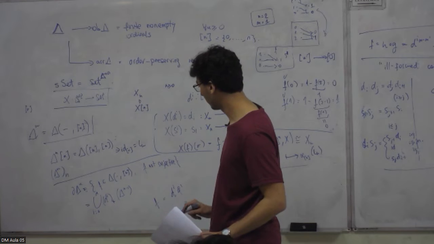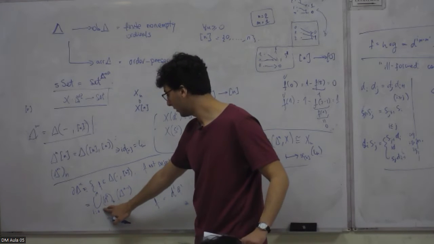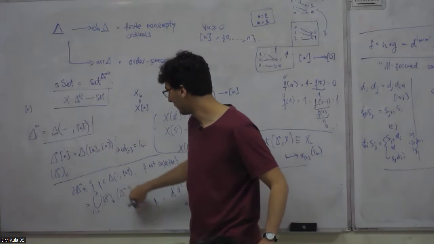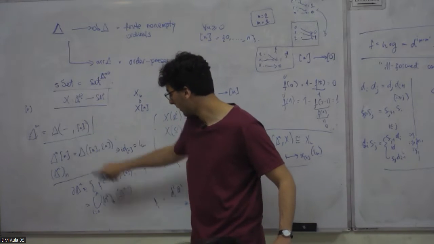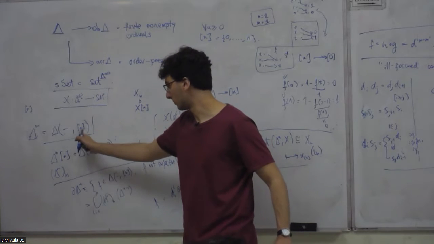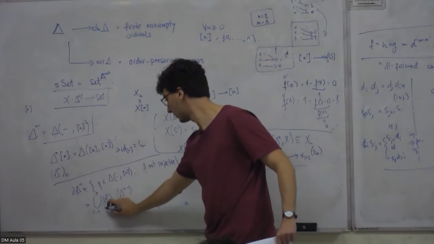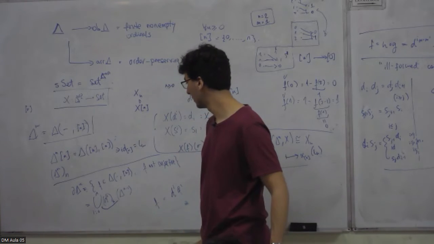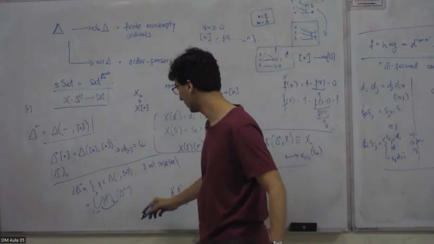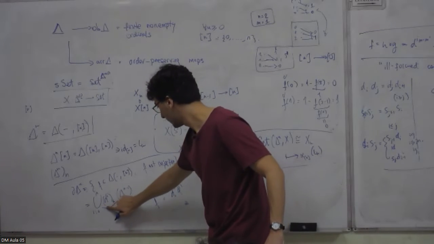So this is a natural transformation between the functor corresponding to n-1 and this one, right? And this is the natural transformation which is the image in the Yoneda embedding of this.